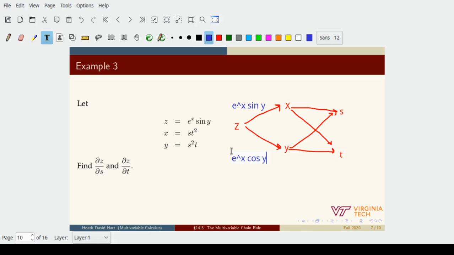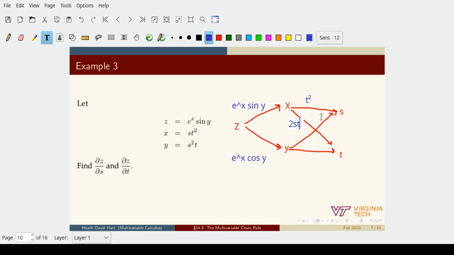All right. Then the derivative of x with respect to s is, derivative of s is just 1, so we just get t squared. And the derivative of x with respect to t, that's this arrow here, is 2st.